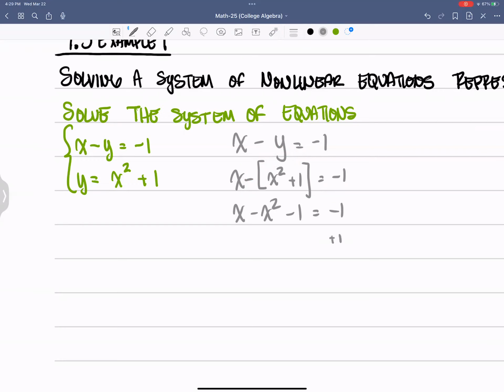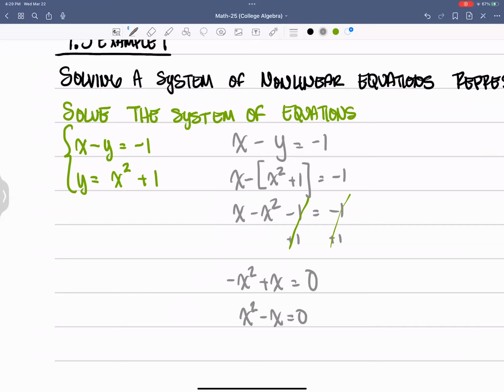So let's do +1 here, +1 here, and let's put it in standard form. -x squared plus x is equal to, these two are eliminated, so it's equal to 0. Let's multiply by -1 to get x squared minus x equals 0.